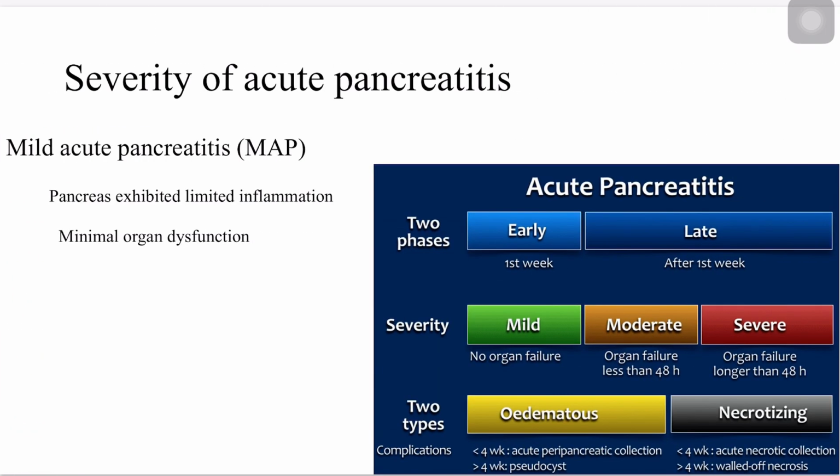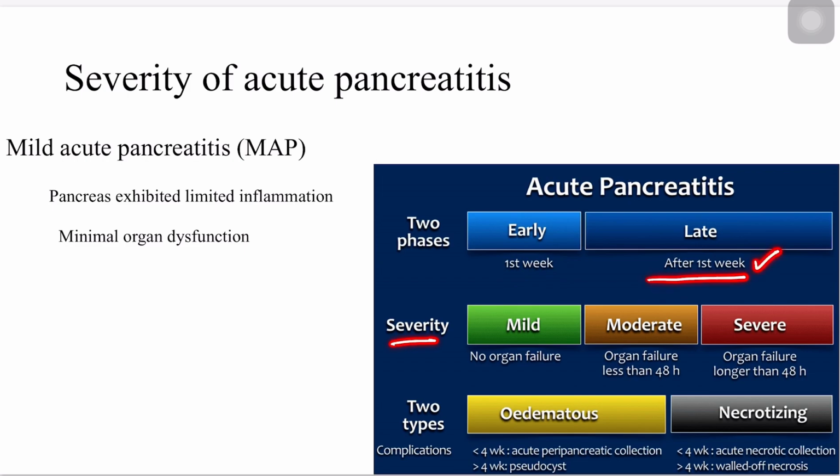About the severity of acute pancreatitis, usually we can classify it in several types of classification, and time is very important. Mainly in acute pancreatitis we can classify two phases. The first week is the early phase, and after the first week is the late phase.